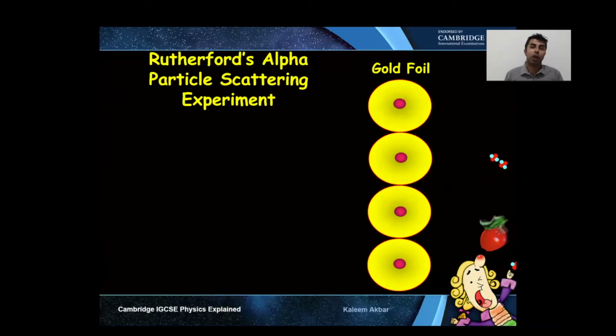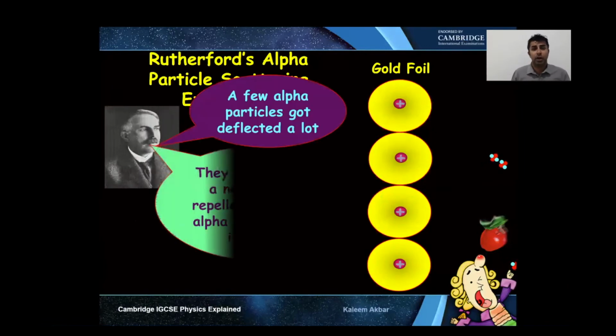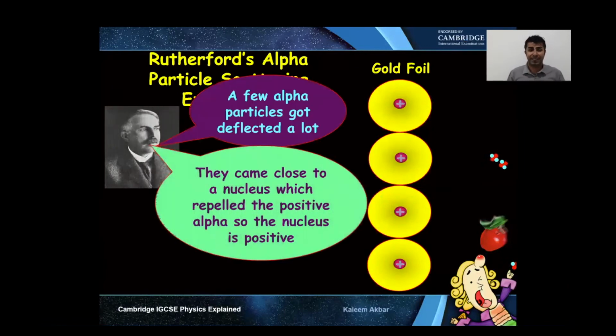Because they were coming close to something dense. What is that dense thing? It is the nucleus itself. So a few alpha particles got deflected a lot. They came close to a nucleus which repelled the positive alpha, so the nucleus itself must be positively charged because it didn't actually hit the nucleus.